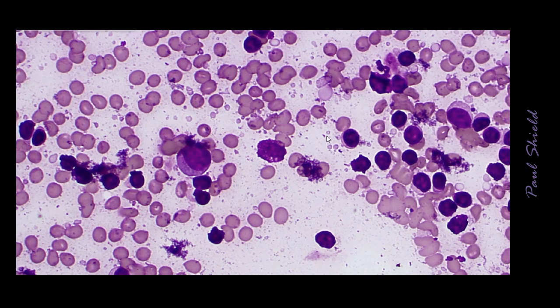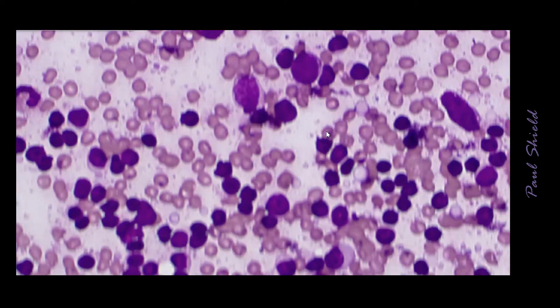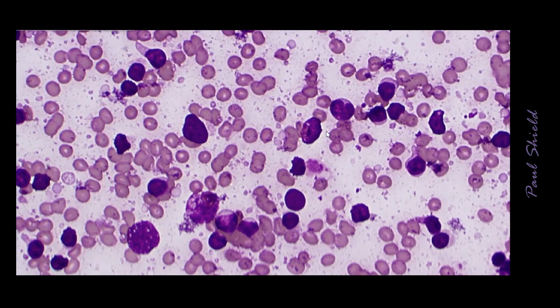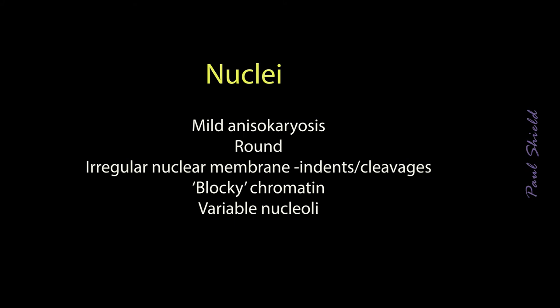Often it's a matter of chasing around a bit, especially in the high grade lymphomas, to make sure you can identify cells as being definitely lymphoid based on that cytoplasm, and the air-dried slides are definitely the best to look for.